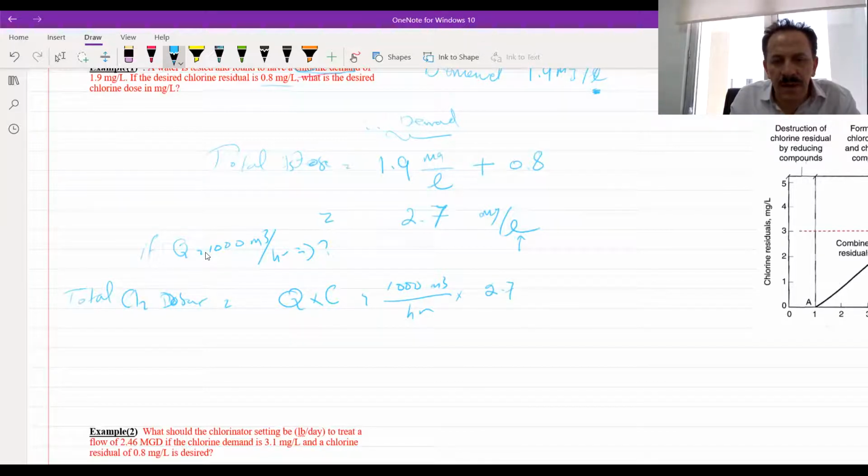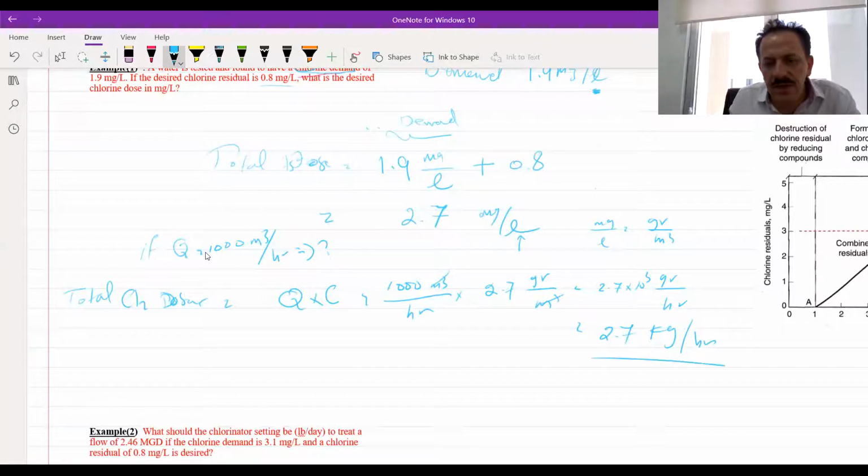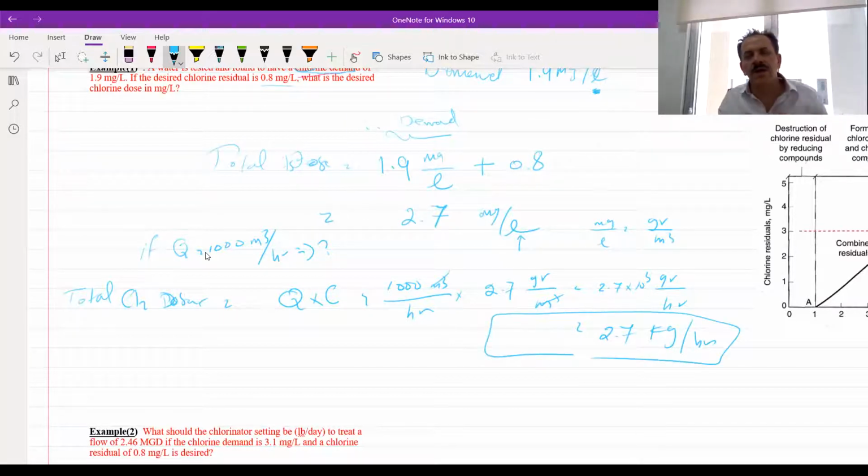By the way, milligram per liter is equal to gram per meter cube. It's the same. So 2.7 gram per meter cube, and there will be 2.7 times 10 to the power 3 gram per hour, or it is equal to 2.7 kilogram per 1 hour.